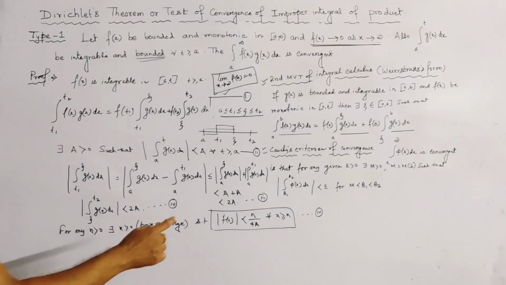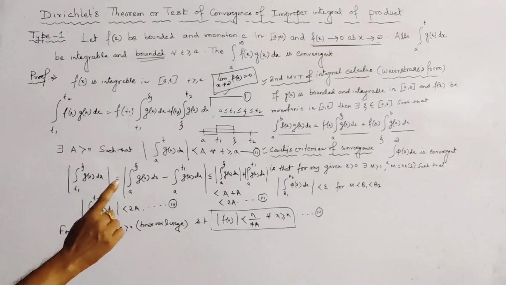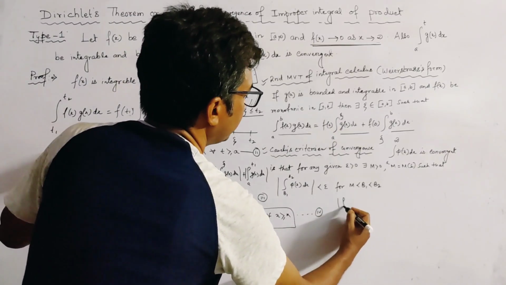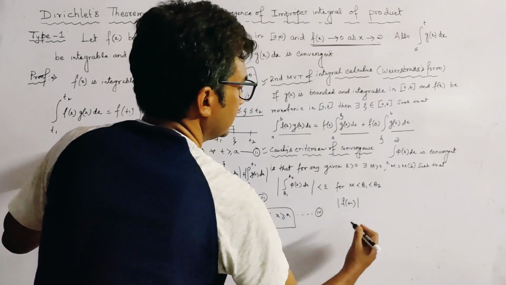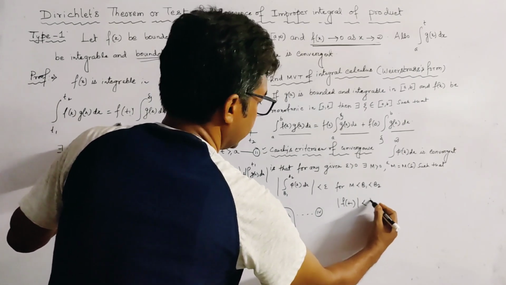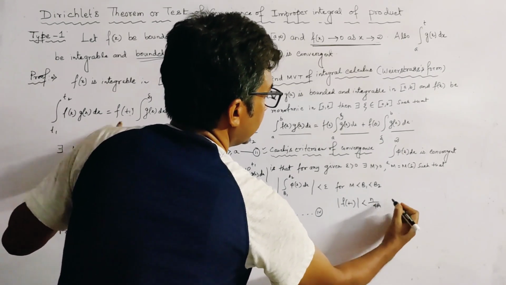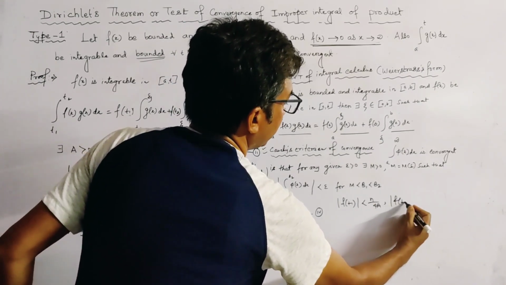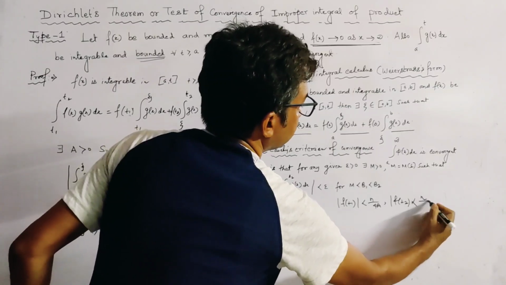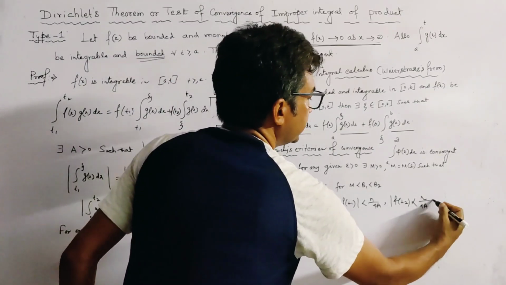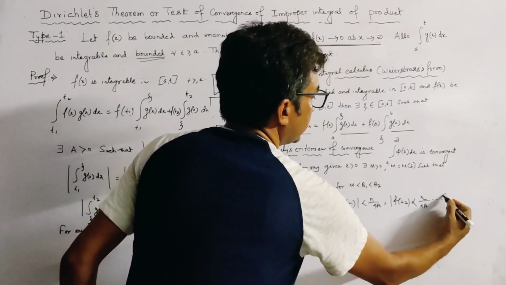Now from this definition we write two results. The first result is mod of f(t1) is less than eta by 4a, and mod of f(t2) is less than eta by 4a. We name these two results as relation number 5.